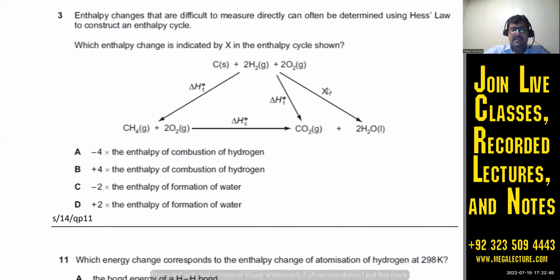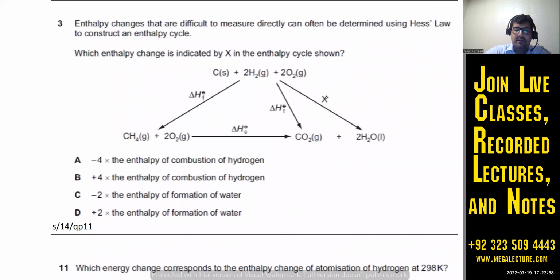Can anyone tell me what is X over here? How can you define what X is? That's not delta HN, by the way. It's water being produced from its elements.